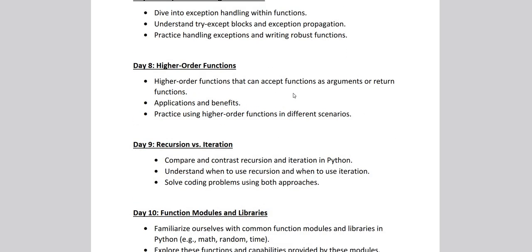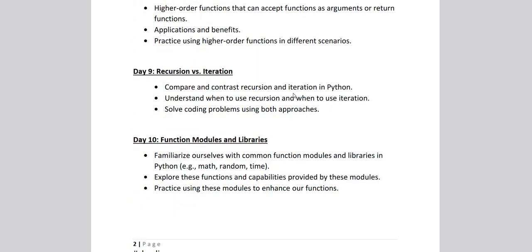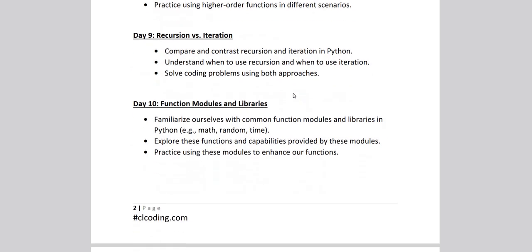Then in day 8 we are going to see higher order functions, that can accept functions as arguments or return functions. Then in day 9 we are going to compare recursion versus iteration, that is, when to use recursion and when to use iteration.